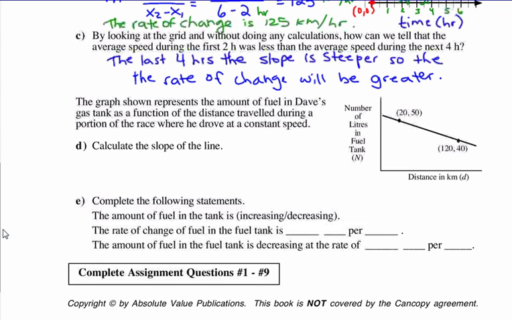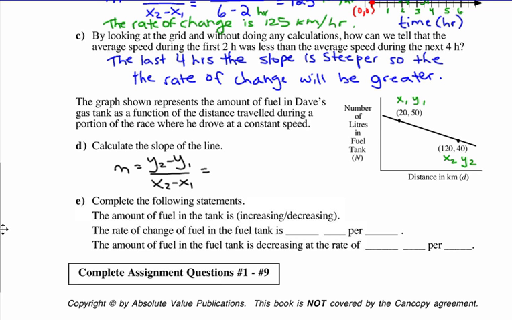The graph shown represents the amount of fuel in Dave's gas tank as a function of the distance traveled during a portion of the race where he drove at a constant speed. Calculate the slope of the line. So again, we're just practicing using our slope formula, x1, y1, x2, y2. Write out our formula. It's always a good habit to write out that formula, because then you'll know you're substituting it correctly.